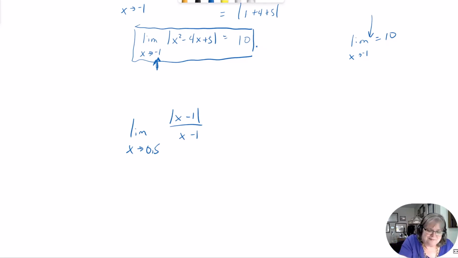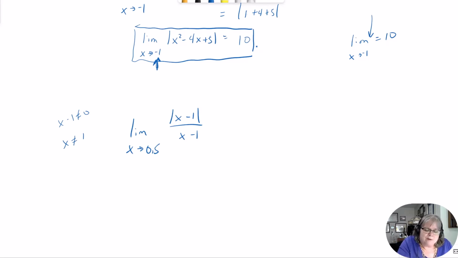So what is this thing's domain? Again, you can't have 0 in the bottom, so x minus 1 can't be 0, so x can't be 1. That's a restriction. But I'm not going to talk to you about that point. I'm going to talk to you about 0.5, which is not at 1. So I can just theoretically substitute it in.